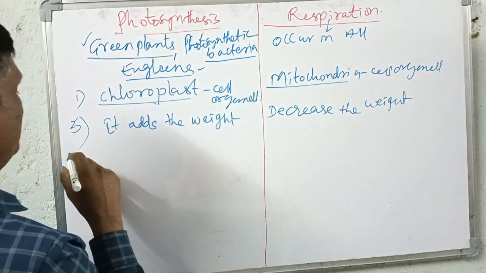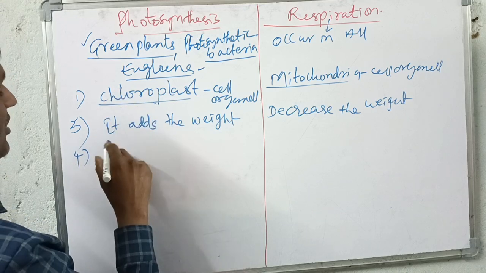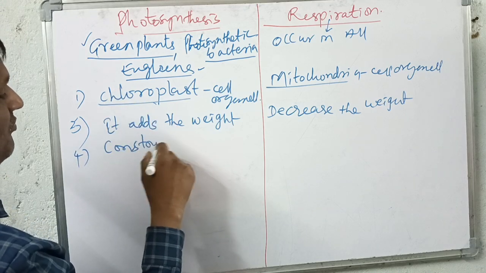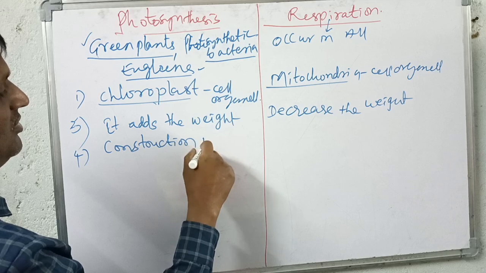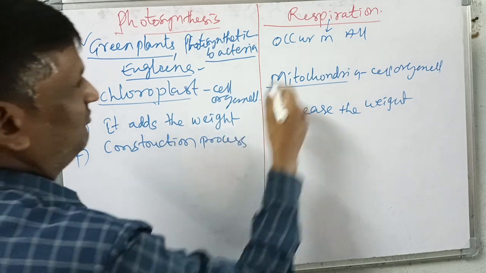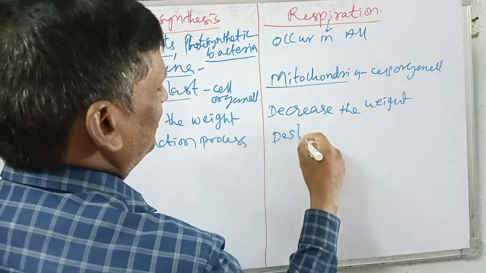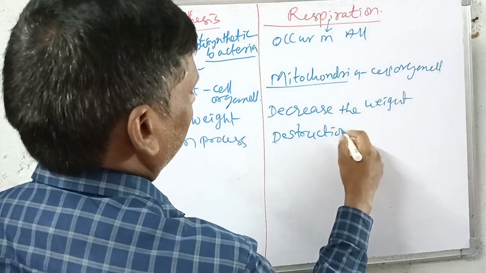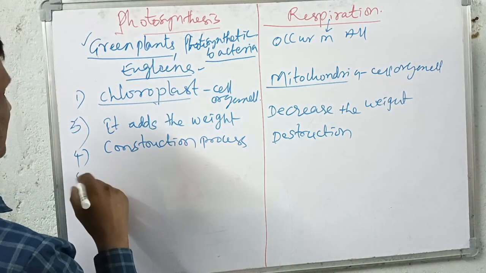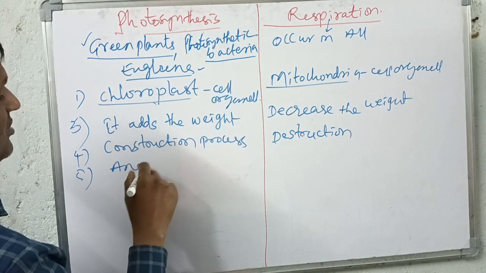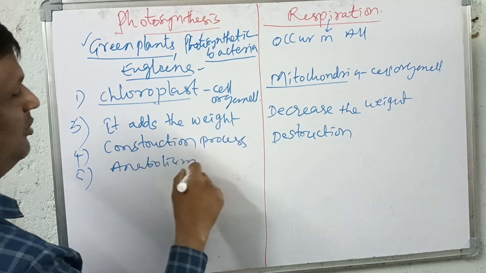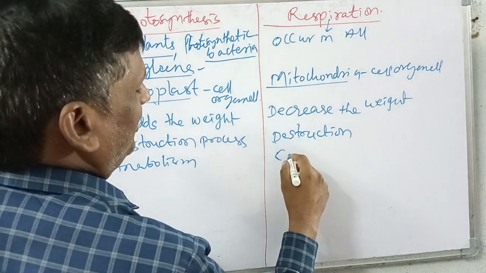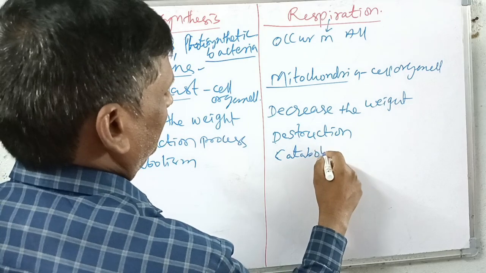Okay, and next, photosynthesis is a construction process, whereas respiration is a destruction process. Construction is also called anabolism; this is called catabolism.